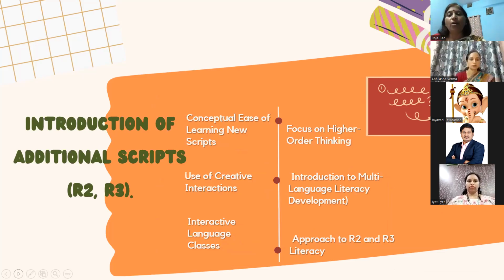Now this learning of both languages, the first language, is to converse, that is the oral conversation. But later on, when they start reading, that becomes R1.